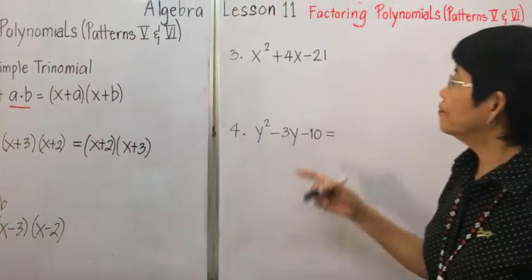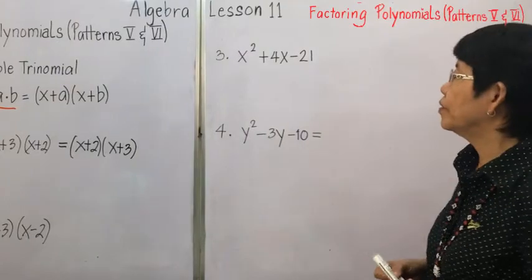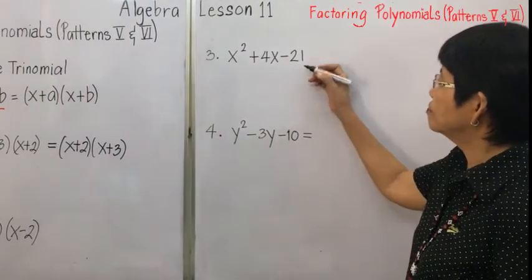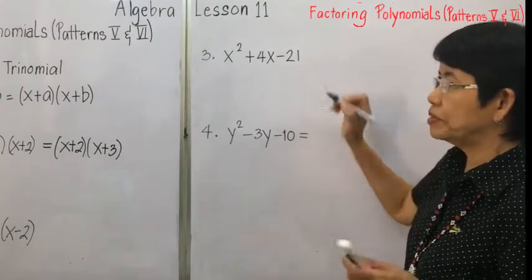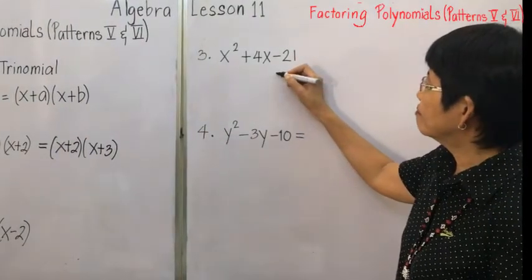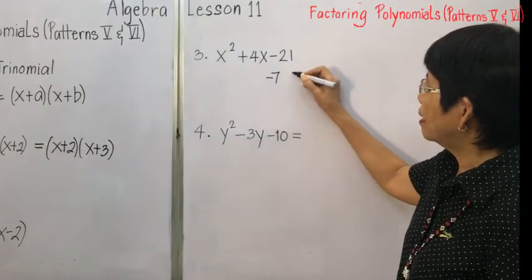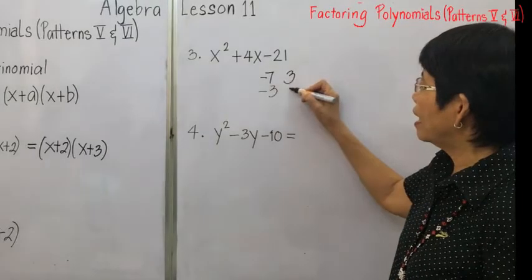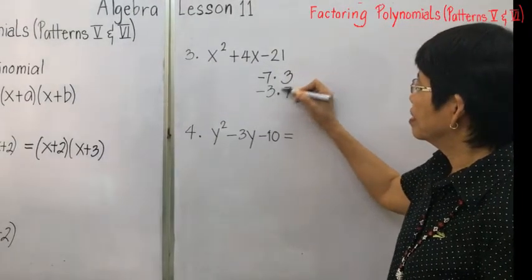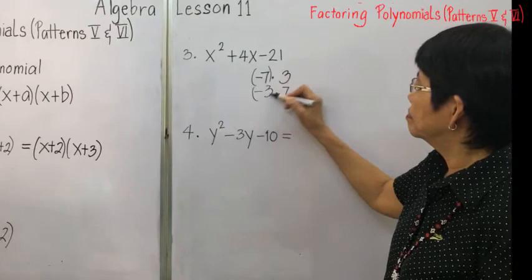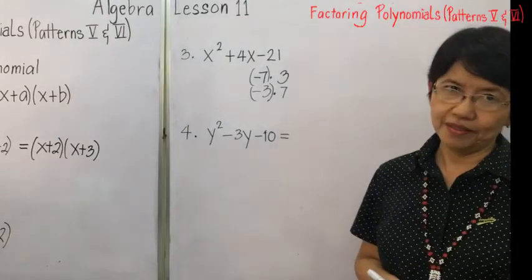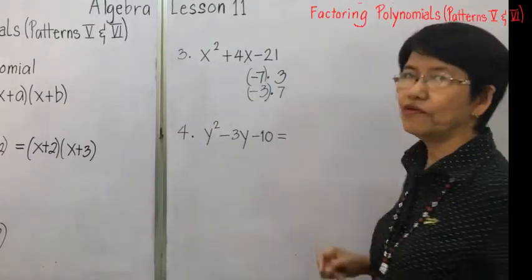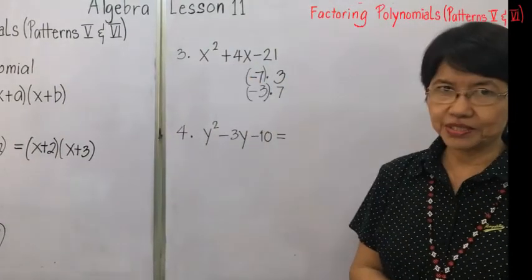Okay. For number 3, we have a negative last term. So the factors of 21 could be either negative 7 and 3 or negative 3 and 7. Okay, but the sum of these 2 factors should give us the middle term.